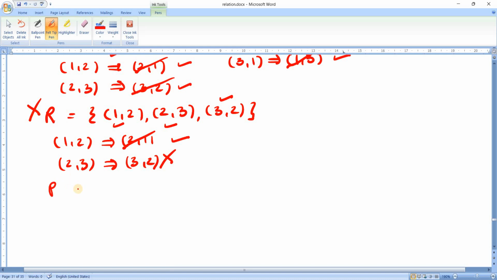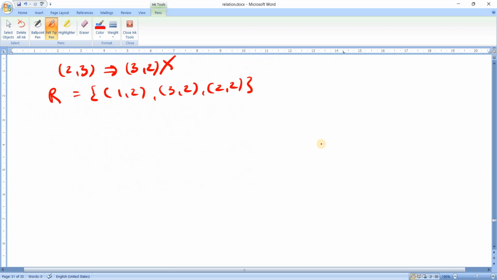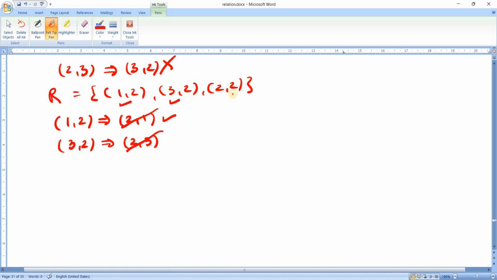Let's see one more example. Let R have the elements (1, 2), (3, 2), and (2, 2). Let's check this relation for asymmetry, starting with the first ordered pair. For (1, 2), we should not have (2, 1), and we can see we do not have (2, 1), so this condition is true. For the next ordered pair (3, 2), we should not have (2, 3), and yes, we do not have (2, 3) either, so this condition is also true.